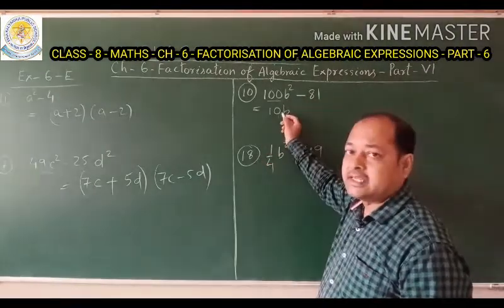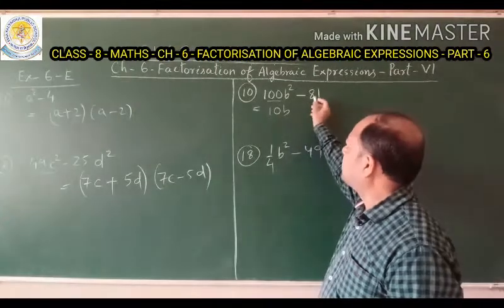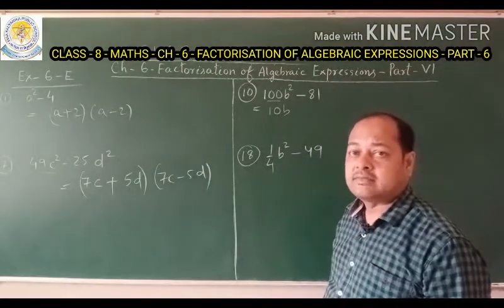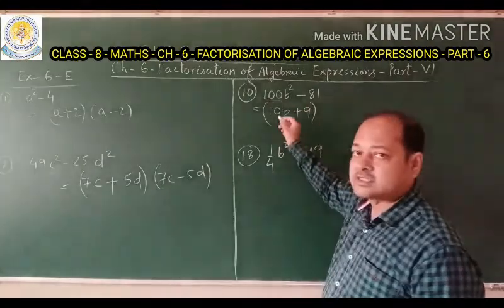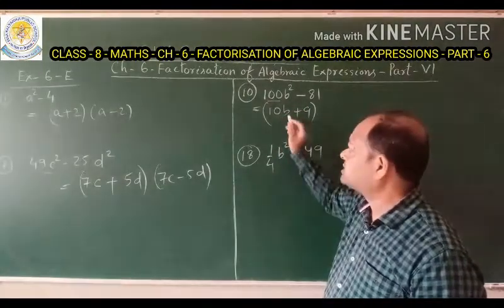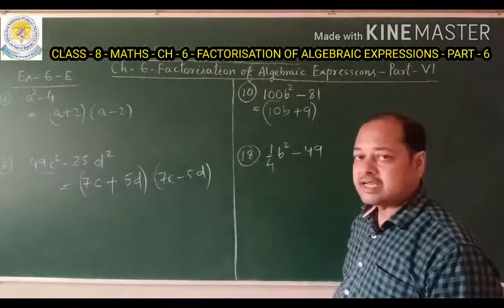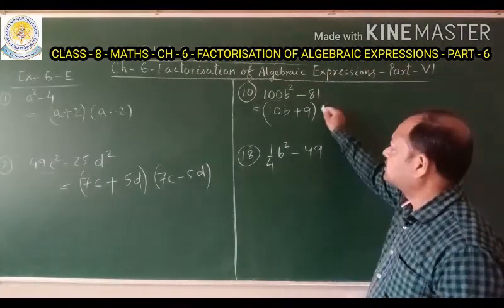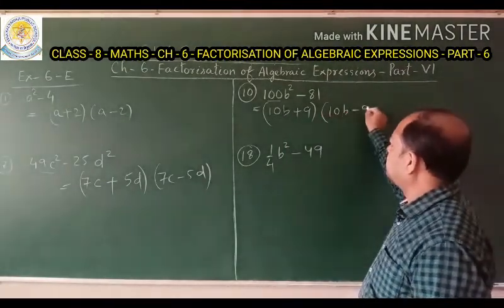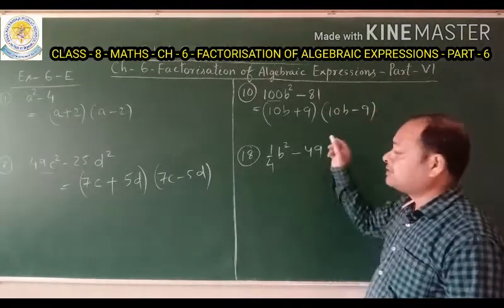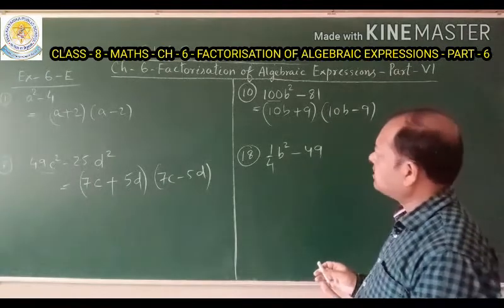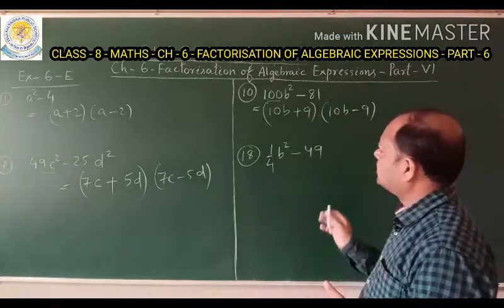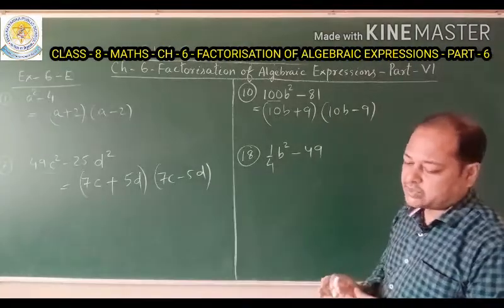So we are getting here 10b, and 81 is the square of 9. So write here plus 9. So the first factor we are getting is 10b plus 9, and find out the second factor, that is 10b minus 9. So 10b plus 9 and 10b minus 9 are the factors of which term? That is 100b square minus 81.